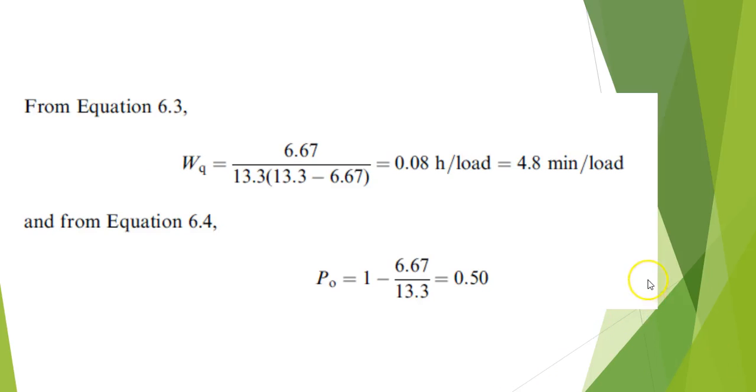And from equation 3, then we can go ahead and calculate the average waiting time. It's 4.8 minutes per load. And we can calculate the probability of delay, which is 0.5, just by substituting.